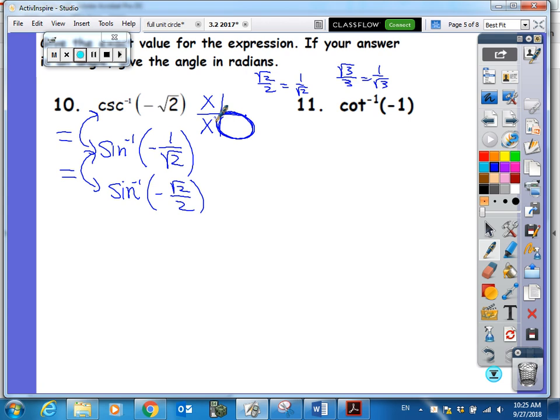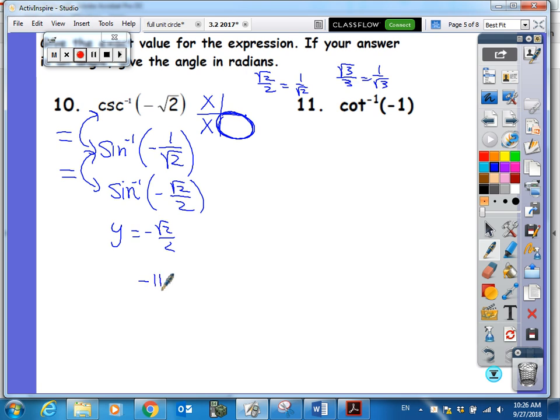Remember, we cannot go into or through quadrant 3 ever for inverses. Only inverses. Quadrant 3 still exists. It hasn't gone away. All right, so we look for where y equals negative root 2 over 2.